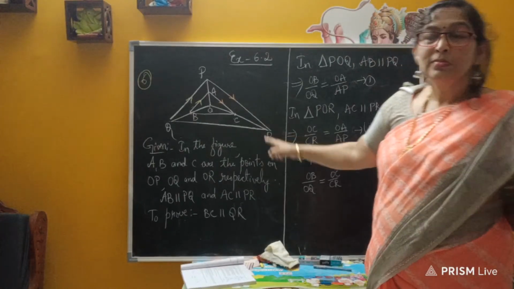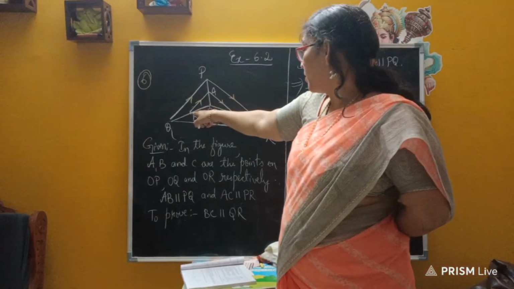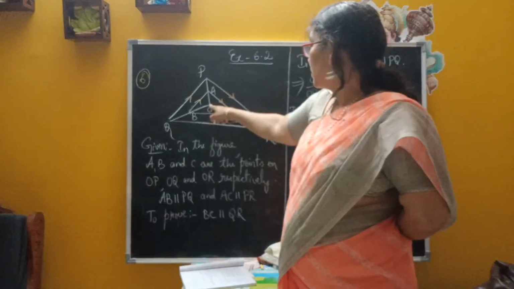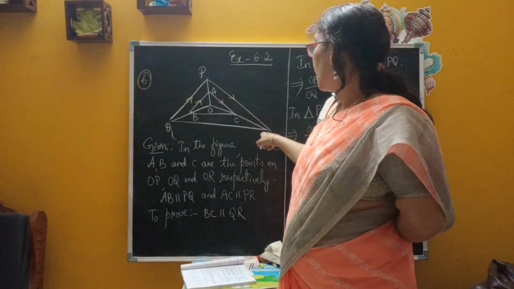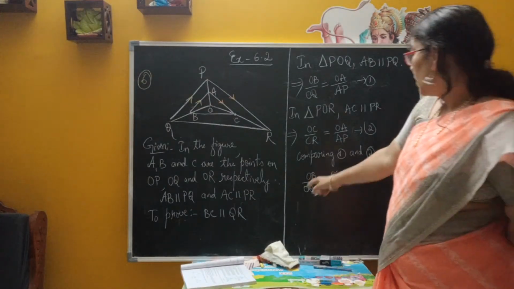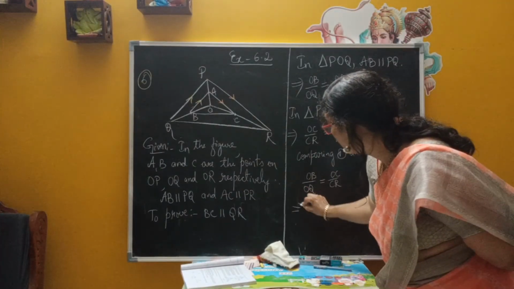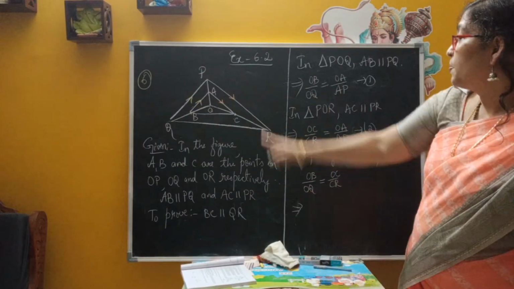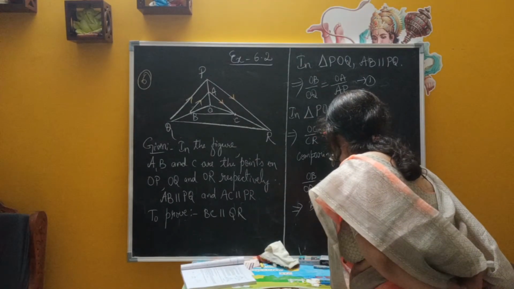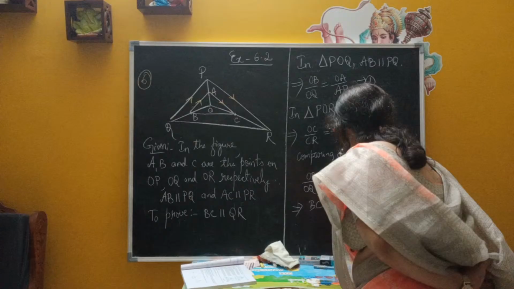These are the sides. Side OQ is divided into OB and BQ, and in this triangle, OC and CR are the parts of the side OR. So what do you say? This implies BC is parallel to QR.